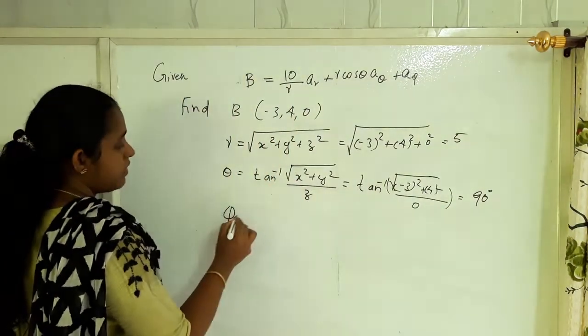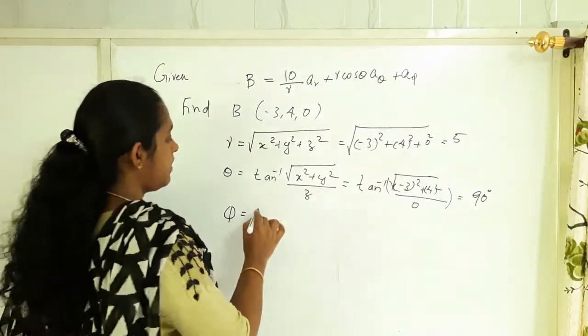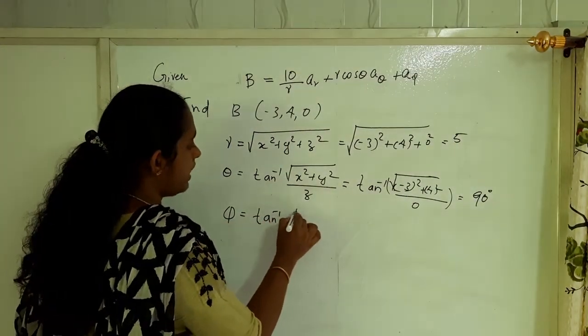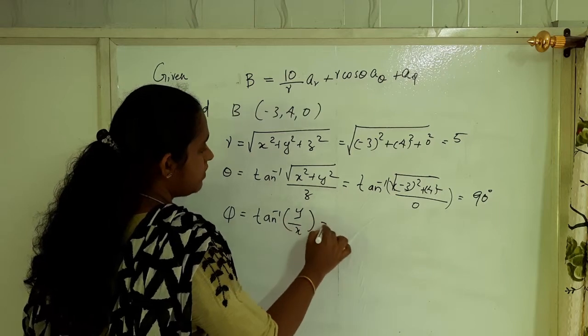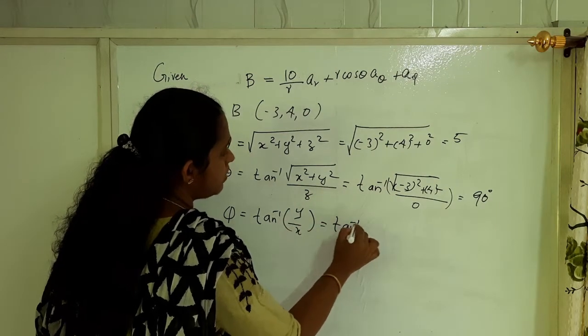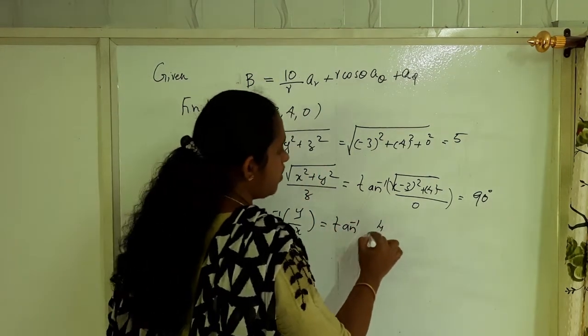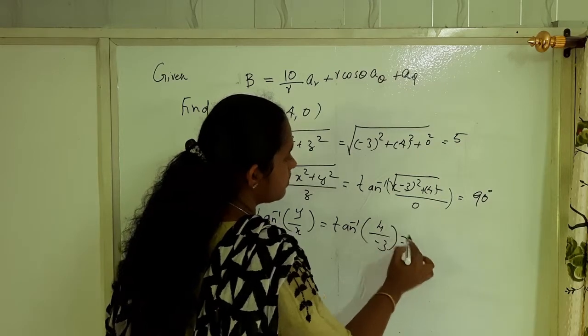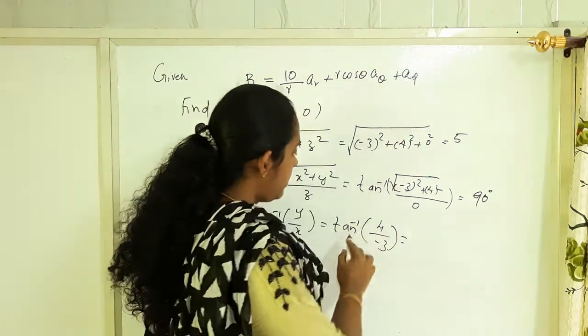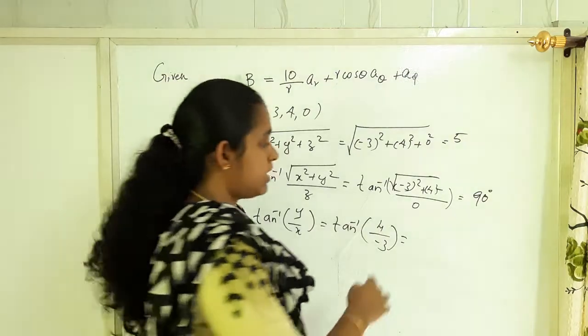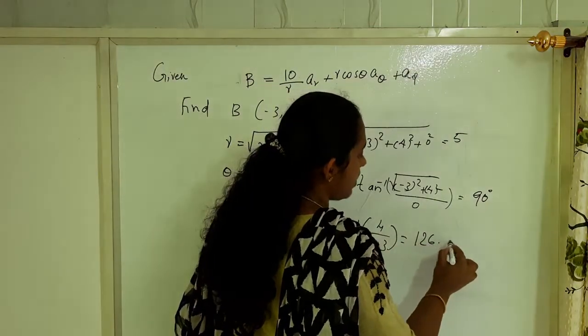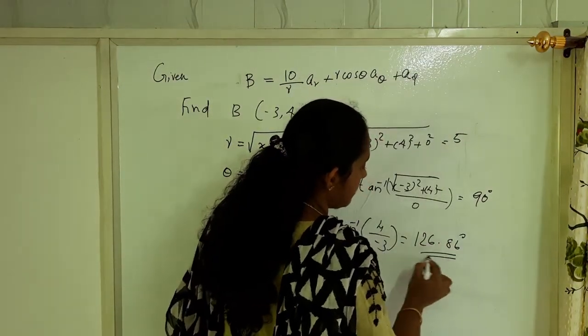Then next we find phi. Phi equals tan inverse y by x, that is tan inverse of 4 by minus 3. Taking the tan inverse, we get 126.86 degrees.